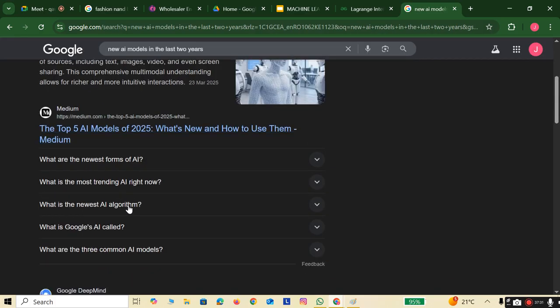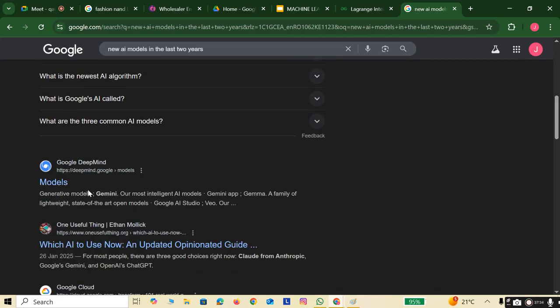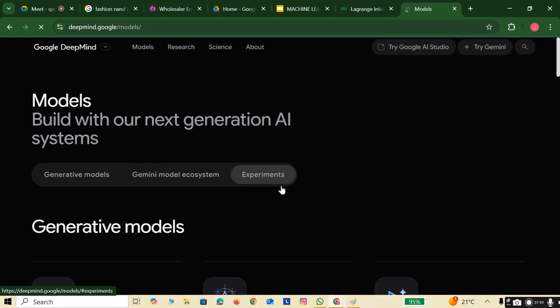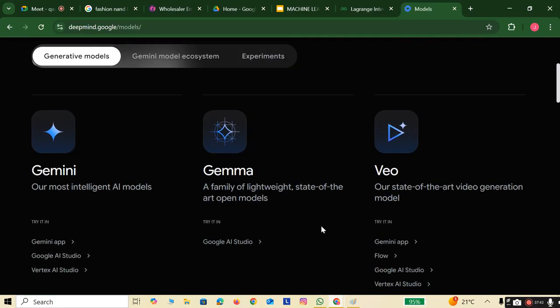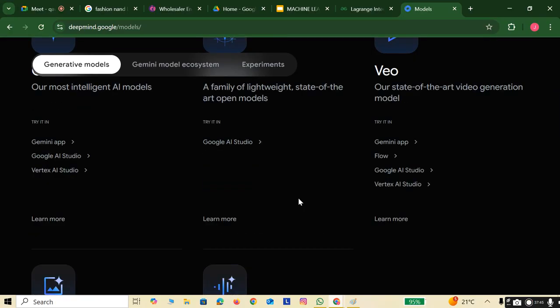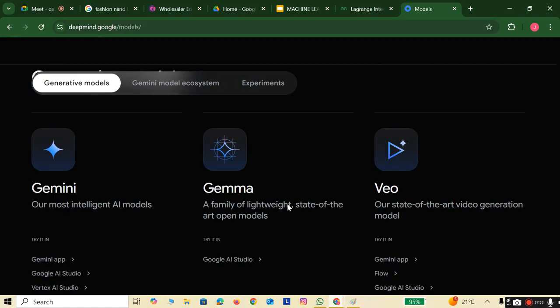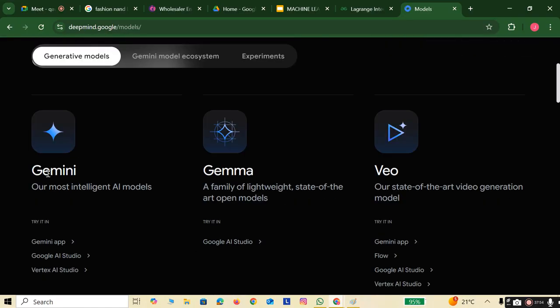No, I don't want the Gemini. So as you can see, this one has the Gemini AI model.